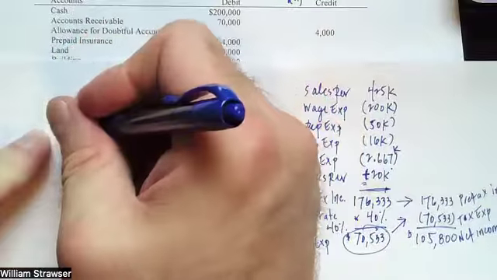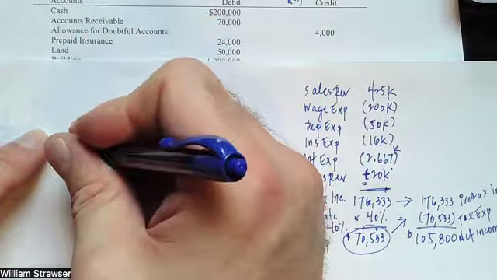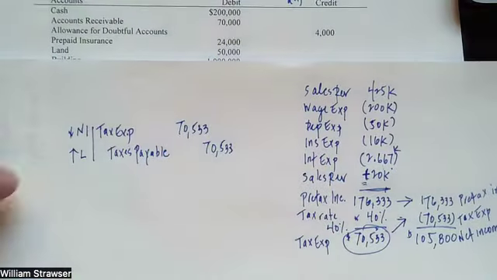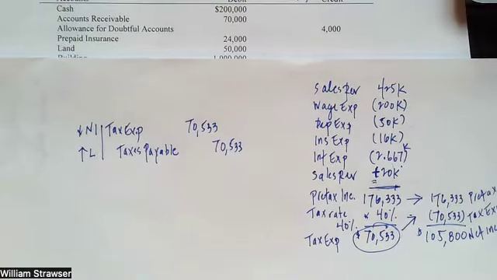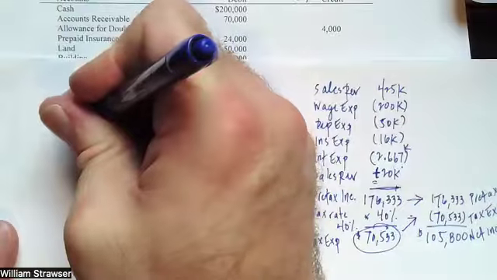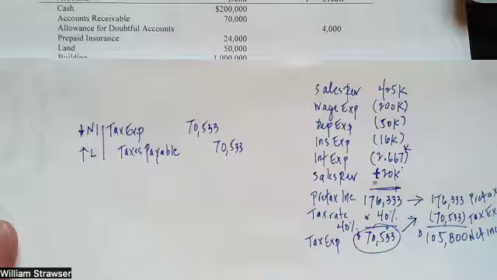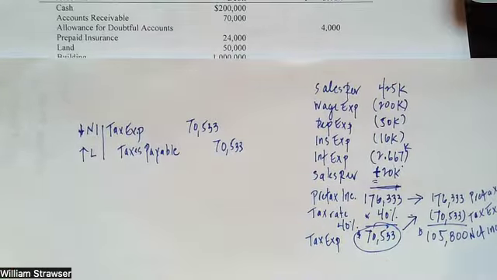Tax expense is an income statement item. It goes on the income statement. Taxes payable is a liability account. It increases liabilities since we're crediting it. And again, is this an accrual or a deferral? Well, in this case, it is an accrual because we are recognizing the expense prior to paying that amount.